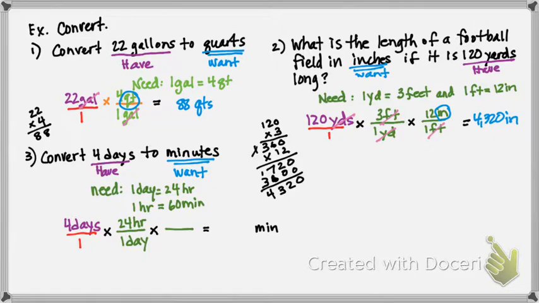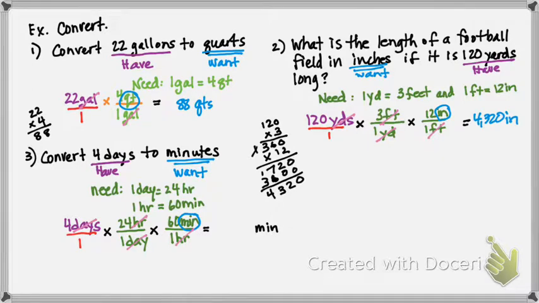Now I need to get rid of hours, so that would go on the bottom. So notice always I put on a diagonal the matching labels. Okay, not across from each other, on a diagonal. And that's going to put 60 minutes on top, which is perfect because that's what I want my answer to be, in minutes. So days cancel with days, and hours cancel with hours. Okay, awesome. Now we just have to do the math.